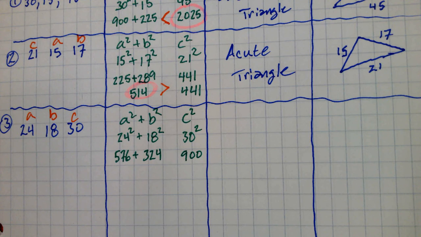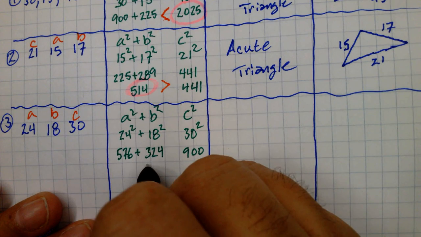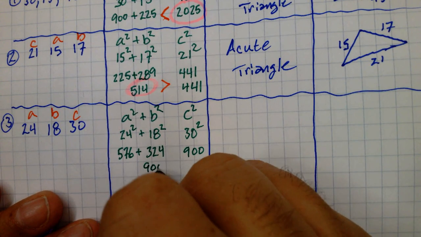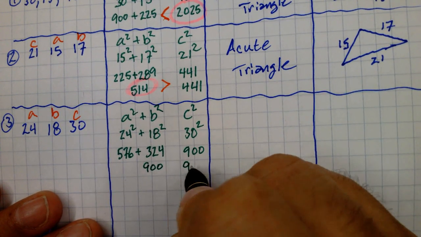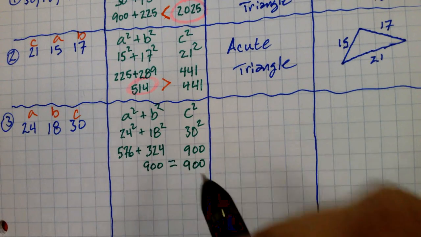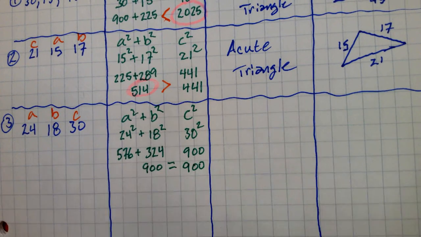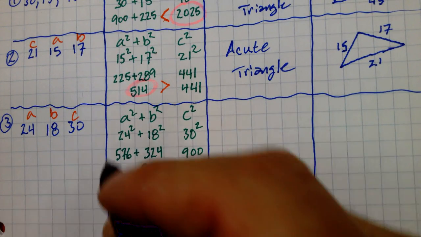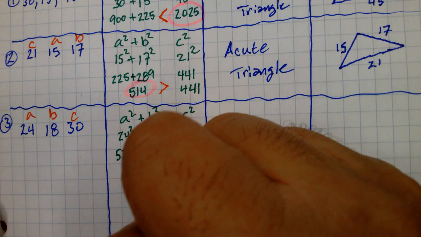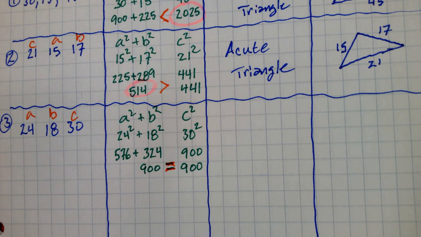And lo and behold, if you add 576 and 324, you get 900. So this time they're equal. Oh, should have done it in red. And because they're equal, a right triangle.